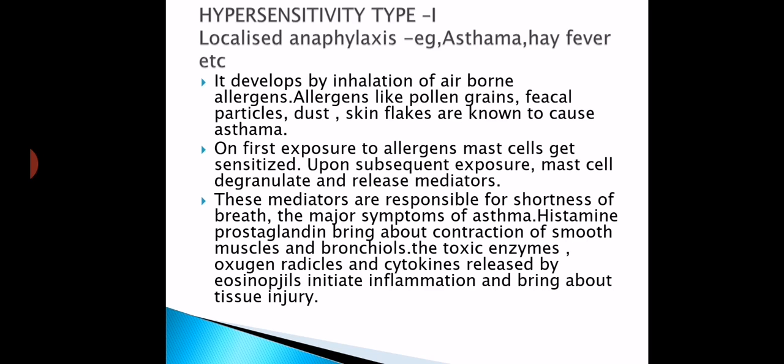Then histamine as well as prostaglandin are responsible for bringing about smooth muscle contraction in the bronchioles. Certain toxic enzymes are also released, and oxygen radicals and cytokines are released by eosinophils, and they initiate inflammation. Inflammation means swelling.